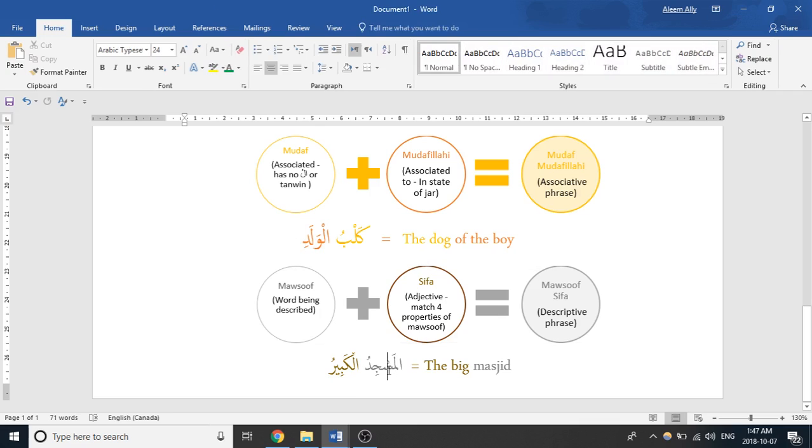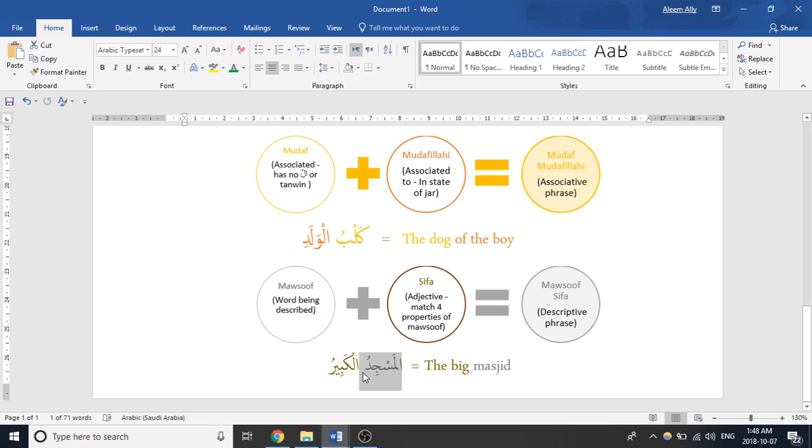So let's take a look at this example here, which is al-masjidul kabiru. So this is the mawsuf, the word being described, and this is its description. So they have to match in the four properties, right? They're both definite because they have alif lam. They're both in a state of rafa because they both have dhamma on the end. They're both masculine because we don't see any ta marbuta, we don't see an alif maksura or alif mamduda or any of those signs.